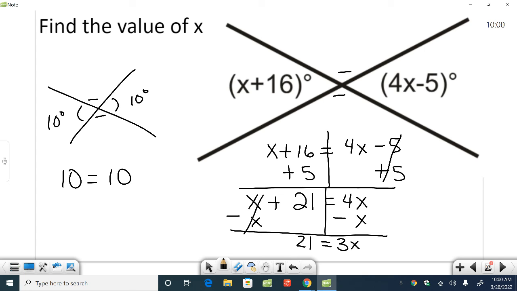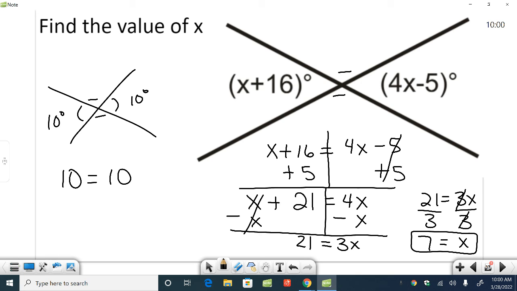You're combining not just whole numbers, you're combining the variables also. So you've got 21 equals 3x. How do I get x by itself? Divide it by 3. So x equals 7. Okay?